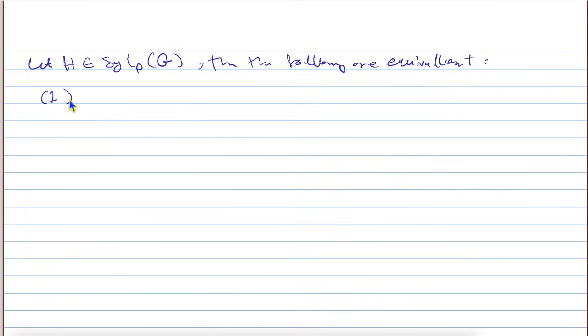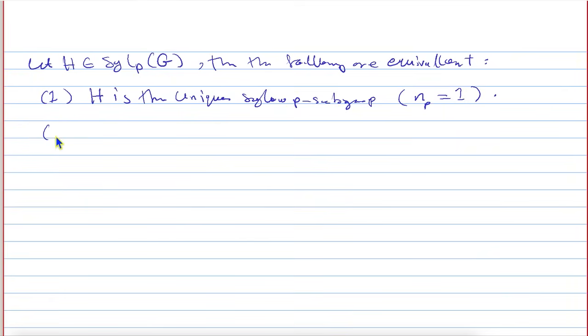One, H is a unique Sylow p subgroup. In other words, this means n sub p equals 1, you have only one single Sylow p subgroup. And this is equivalent to two, H is normal in G. So these two things are equivalent, and this is very easy to see.